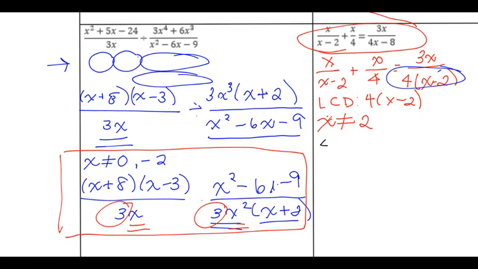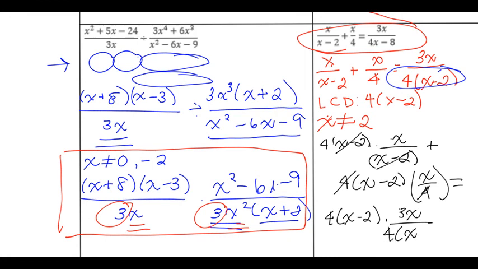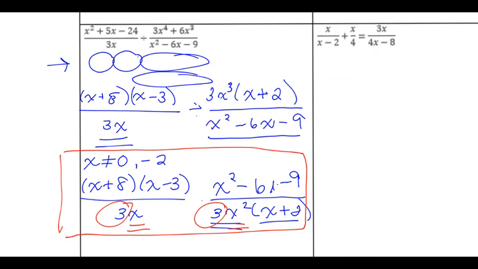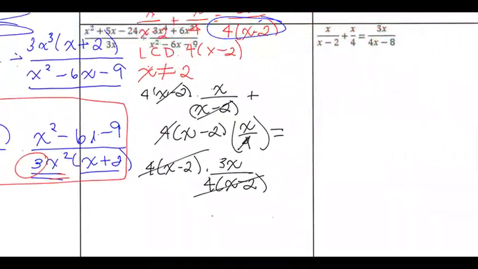So if I multiply the first fraction, 4 times x minus 2 times x over x minus 2, that will cancel the x minus 2's, plus, on the next line here, 4 times x minus 2 times x over 4, that cancels the 4's, is equal to 4 times x minus 2 times 3x over 4 times x minus 2. So that cancels both 4 and x minus 2. Oh, I'm just going to move my work over here so I can work underneath.